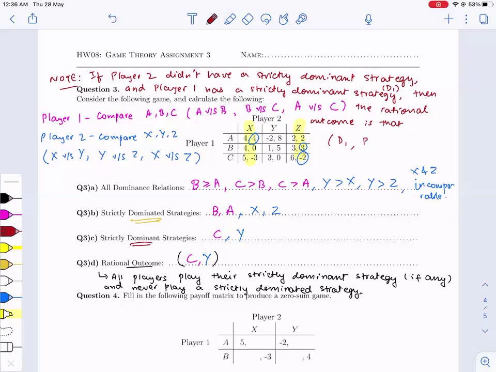So they have to play the best response to this D1. So basically, the rational outcome would be that player one, if they have a strictly dominant strategy, they play that, and then player two plays the best response to that strategy, which is D1. Okay, and vice versa.